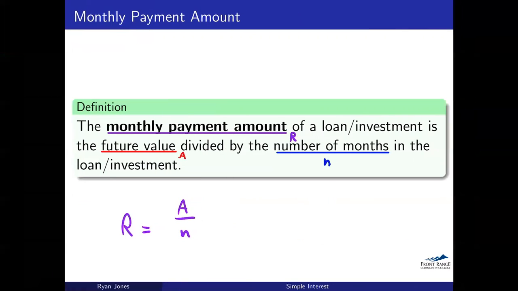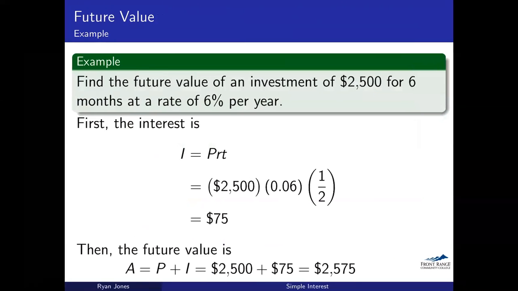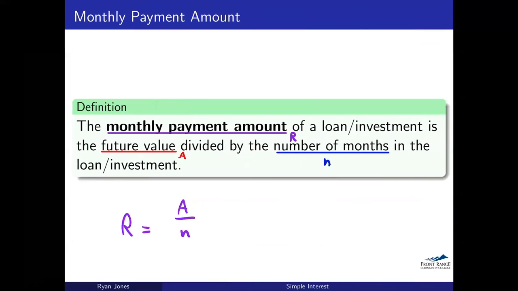If we were talking about this in the sense of an investment, this would be talking about how much money you would sort of be getting on a monthly basis. You'd be getting this amount divided by our 6 months on a monthly basis. Generally, this monthly payment amount isn't talked about with investments. It's more so with loans because you're actually paying someone back, but that's fine. We can talk about it in terms of investment.